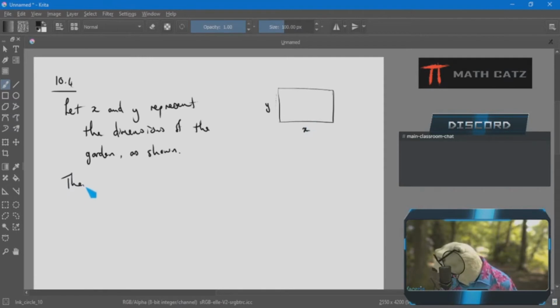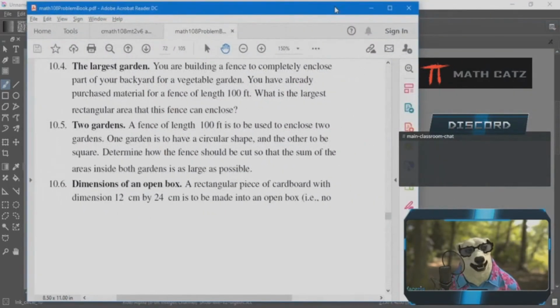So then what I know, write words, make it easy to read, that 2 sides for every variable, so 2x plus 2y is going to equal 100. Because all the way around the garden is 100 feet of fencing. That is what the question tells me.